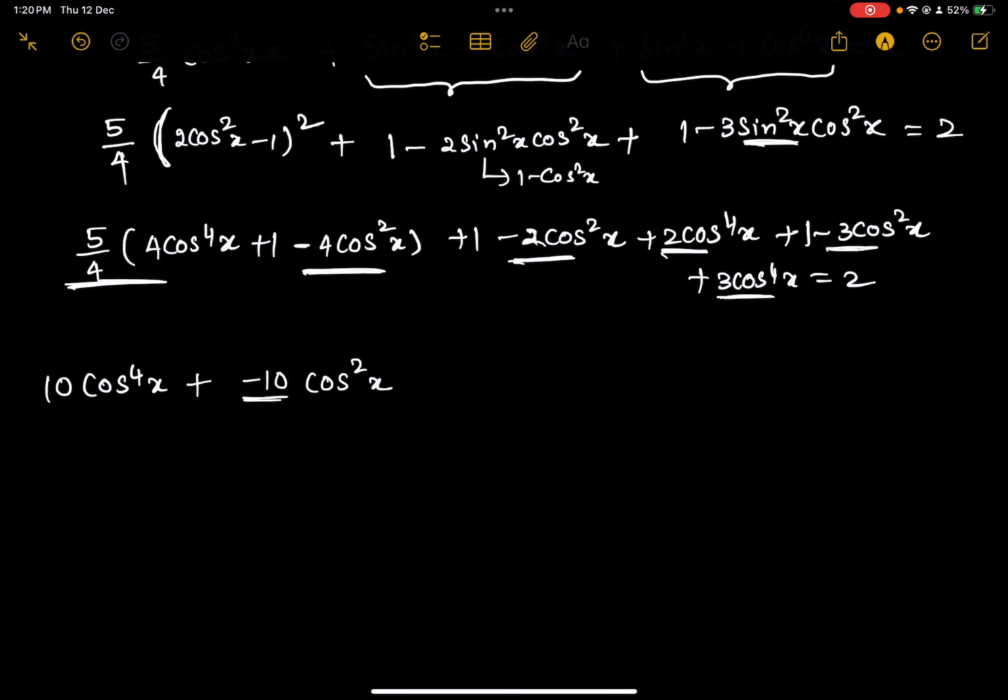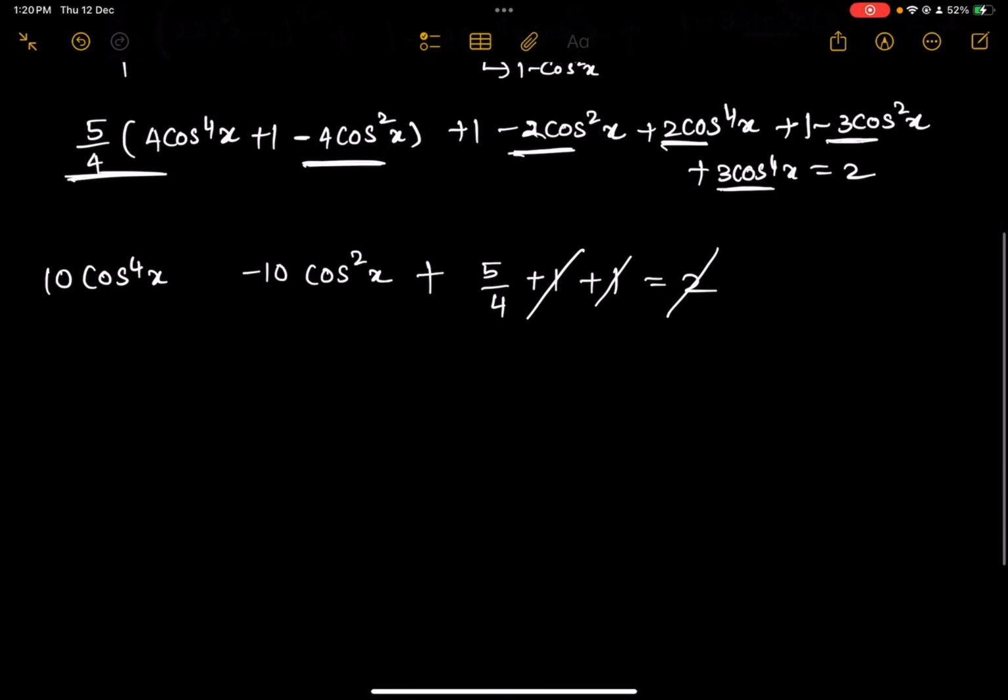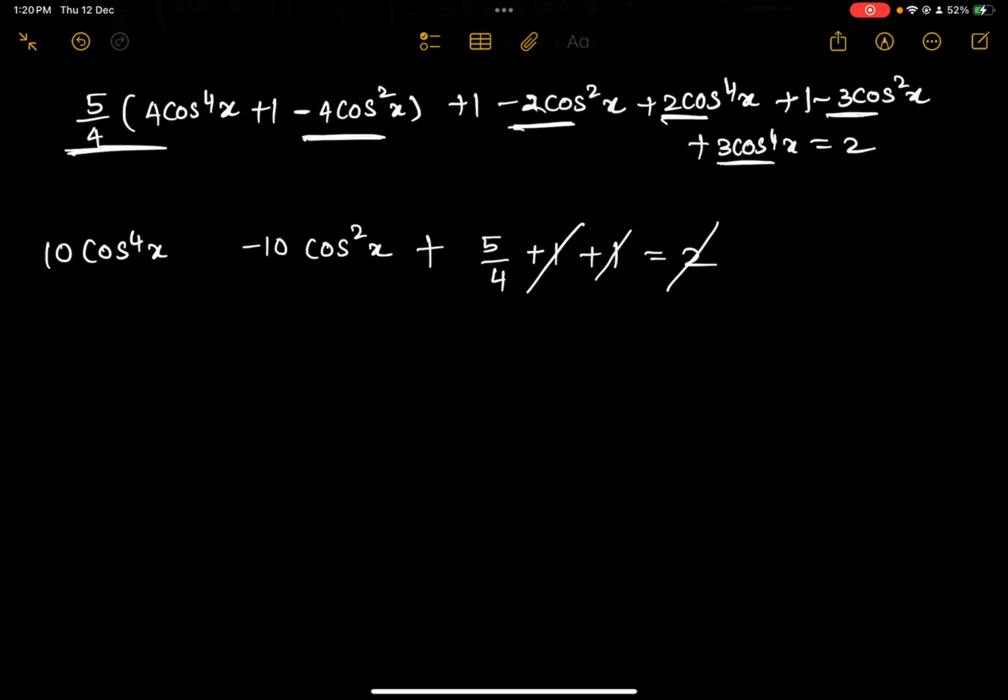So this is minus 10 cos square x, plus the constant terms. The first constant term is 5 by 4 plus 1, which is equal to 2, so this 2 and the other one cancel out. Let us say cos square x is equal to t. So now this is 10t square minus 10t plus 5 upon 4 is equal to 0.